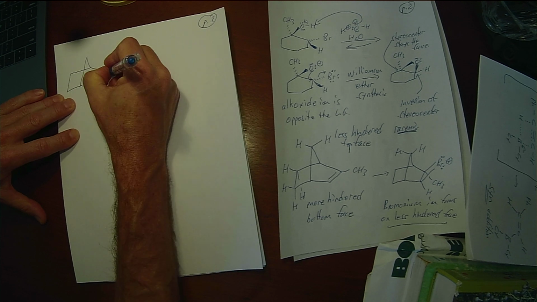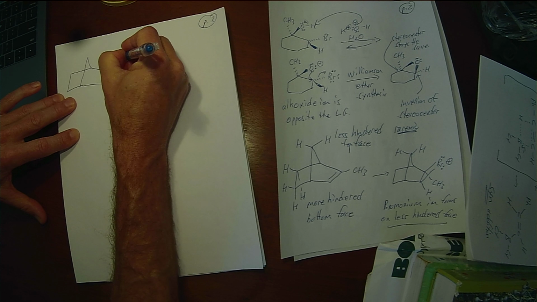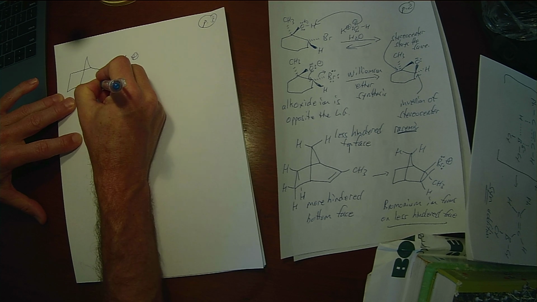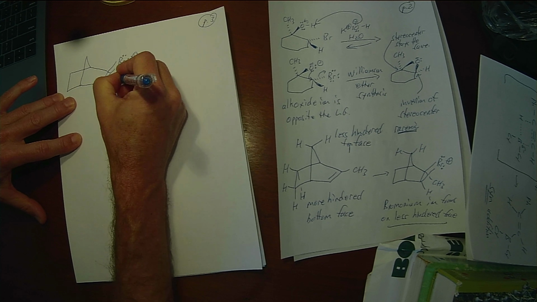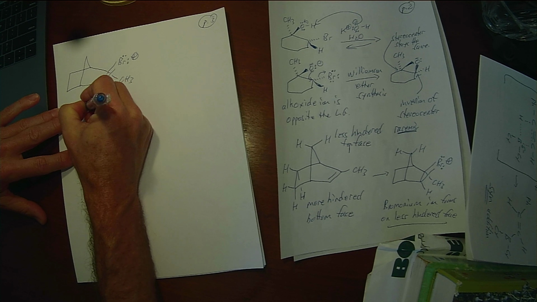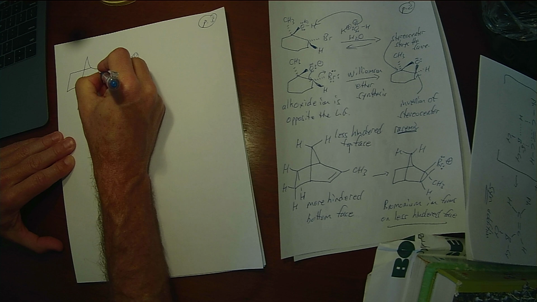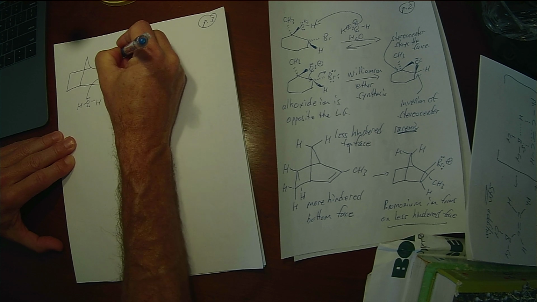Because regardless of where the bromonium ion is, the nucleophilic water has to come from the side that it isn't, right? So in this case, the nucleophilic water would have to attack from the bottom, pushing the bromine out.